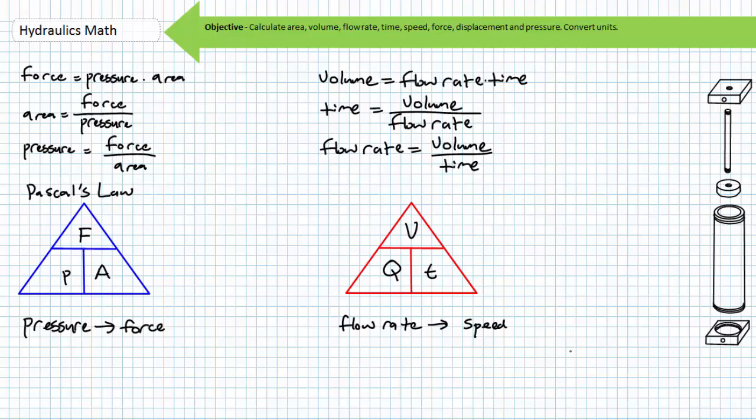We'll learn throughout the course of this playlist that 3 important properties of hydraulic actuators are governed by 3 independent quantities. Strength of actuation, or force, is governed by pressure. Speed, or actuation time, is governed by flow rate. Direction of actuation is governed by valve position, and you don't need a formula for direction.